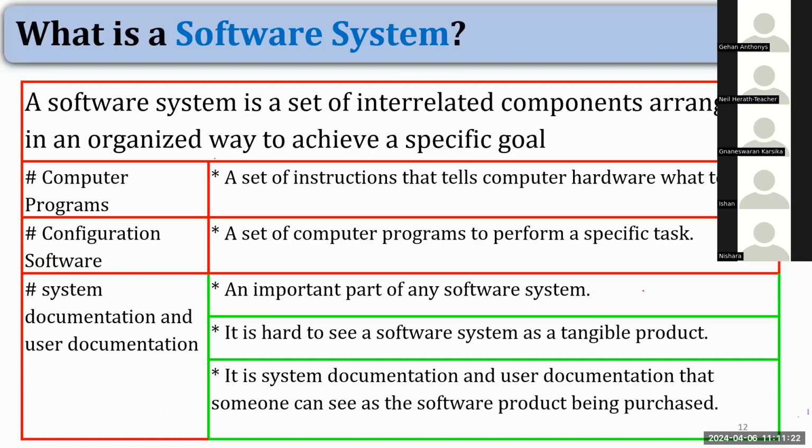Okay. So now I will go through some categories or components of the software system. According to your course, it is not really a categorization, but we can give some idea about some specific terms: computer programs, configuration software, and the related documentation. A computer program is a set of instructions that tells the computer hardware what to do.